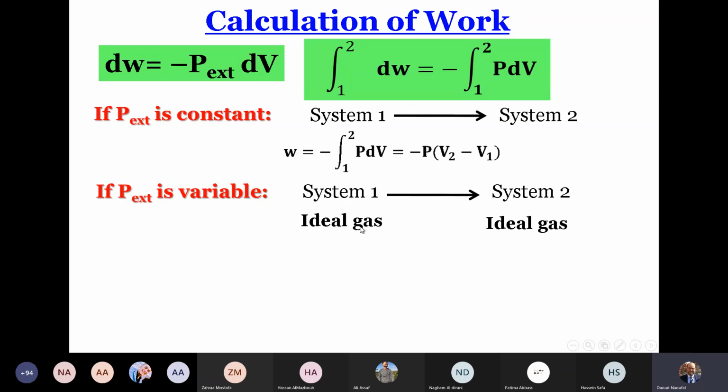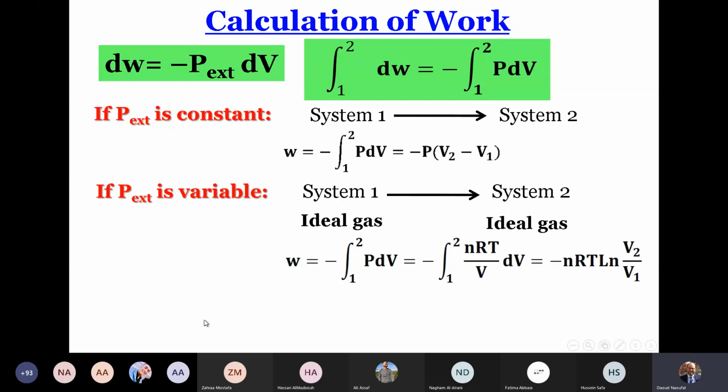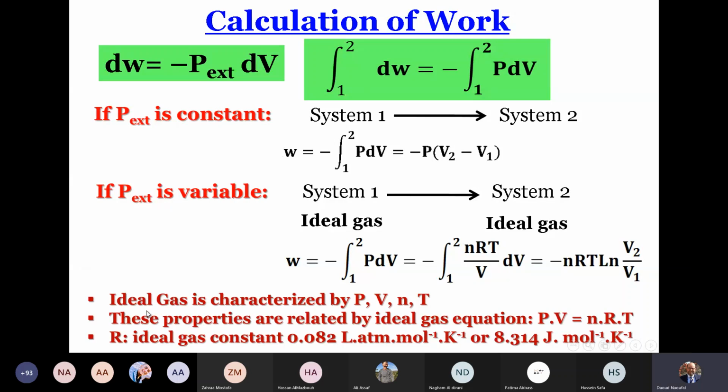The second case is when the pressure depends on the volume, and this is the case when we have ideal gas in system 1 and ideal gas in system 2. The ideal gas, by definition, is characterized by some properties: a pressure, a volume, and a certain number of moles at a known temperature.